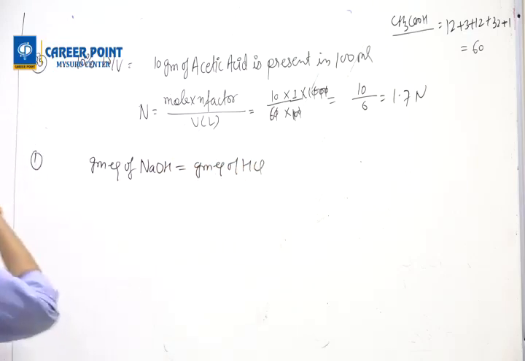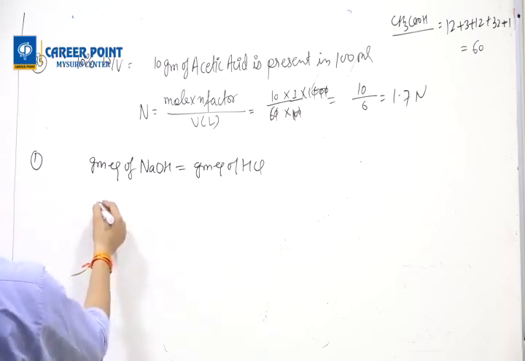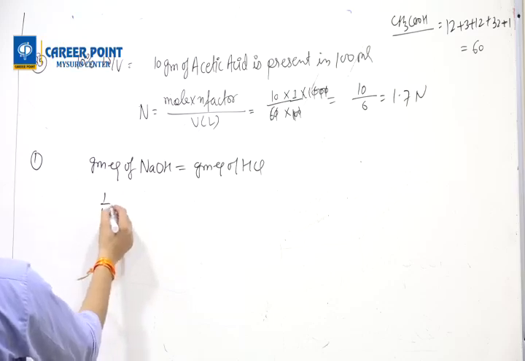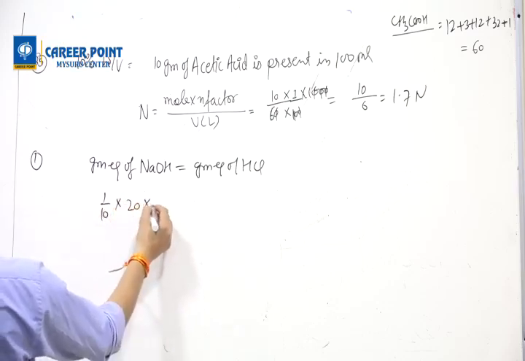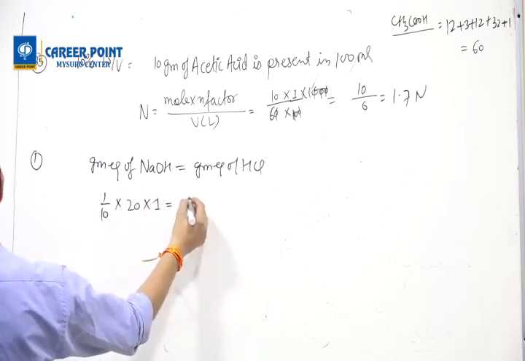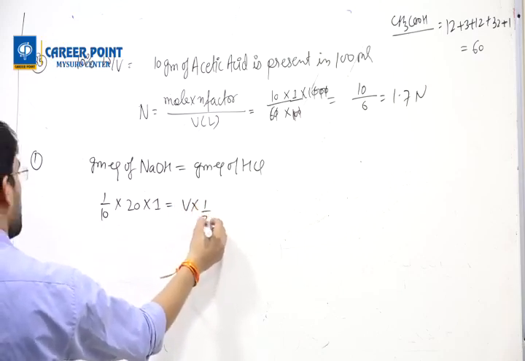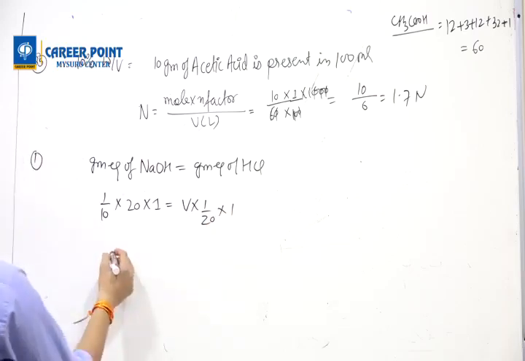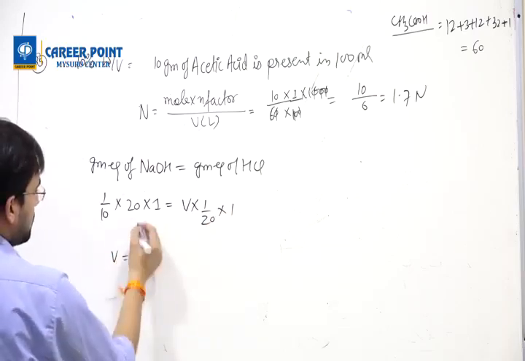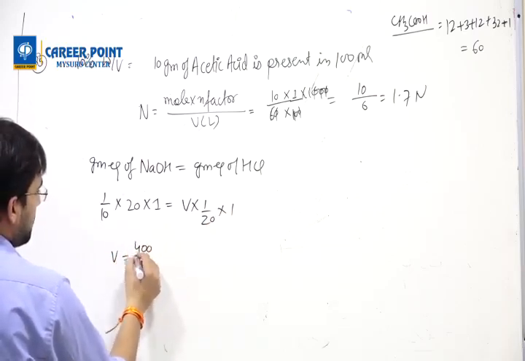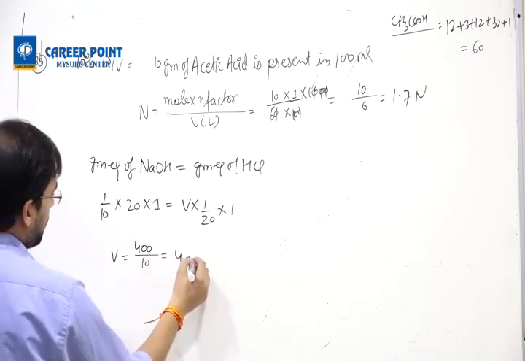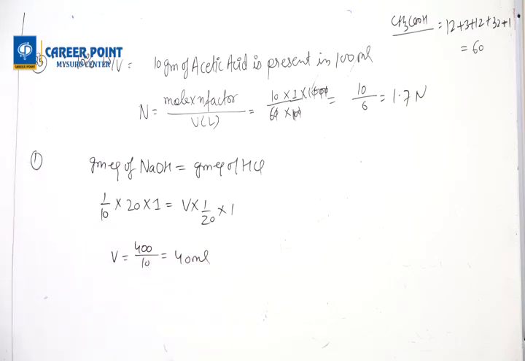Gram equivalent equals moles into n factor, that is molarity into volume into n factor. So here I can write 1 by 10 into 20 into 1 equals volume, which I don't know, into 1 by 20 into 1. So volume comes as 400 by 10, or 40 ml. This is question number 1.